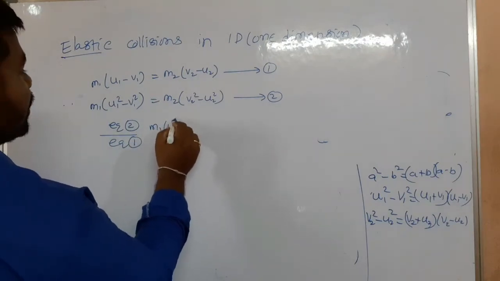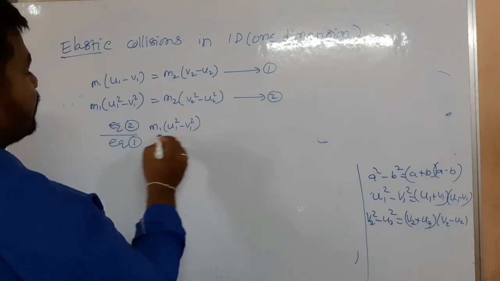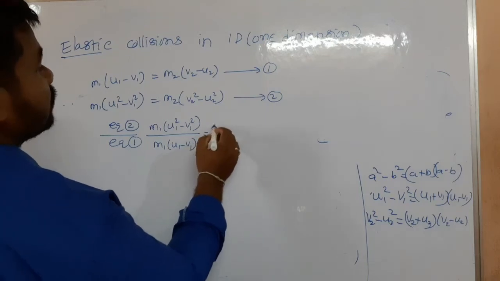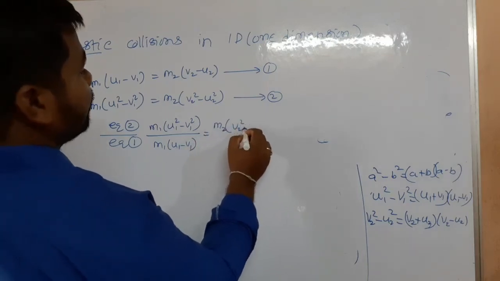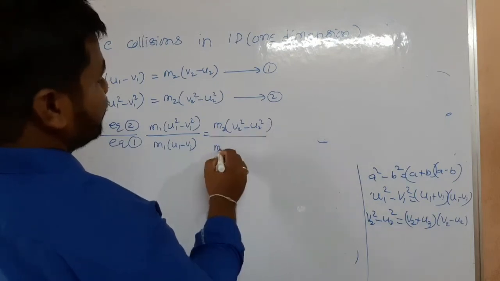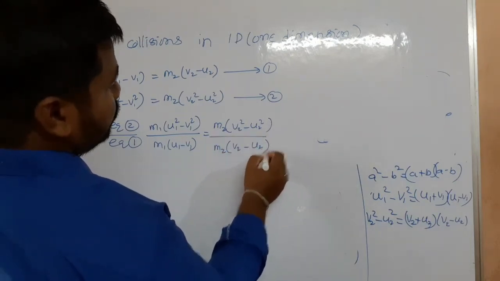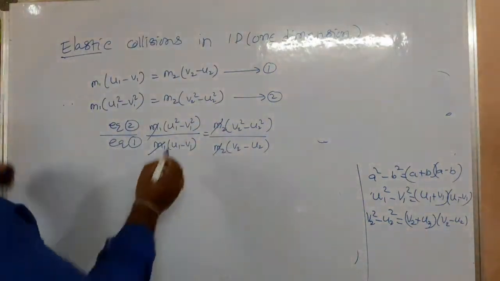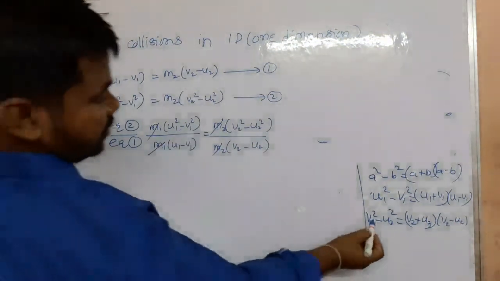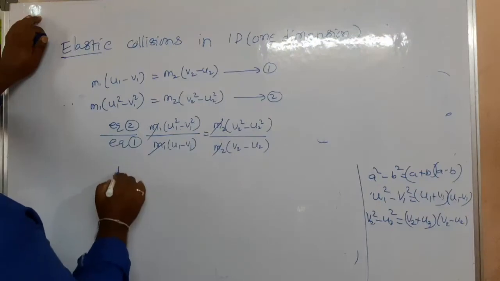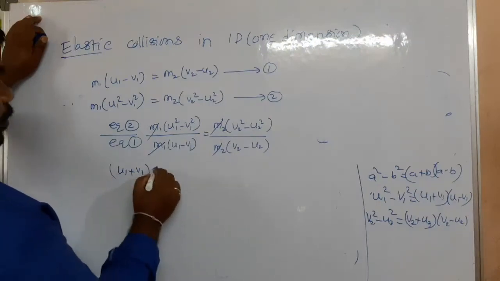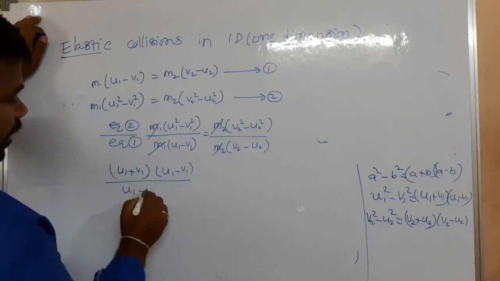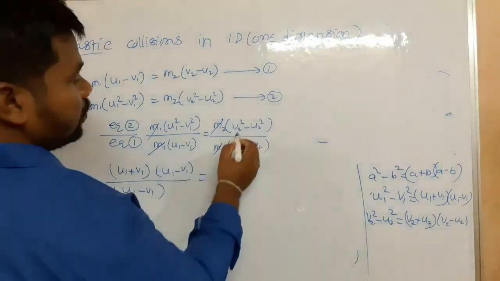So what is equation 2? m1 (u1 square minus v1 square) divided by m1 (u1 minus v1) is equal to m2 (v2 square minus u2 square) divided by m2 (v2 minus u2). Here m1 and m2 get cancelled.